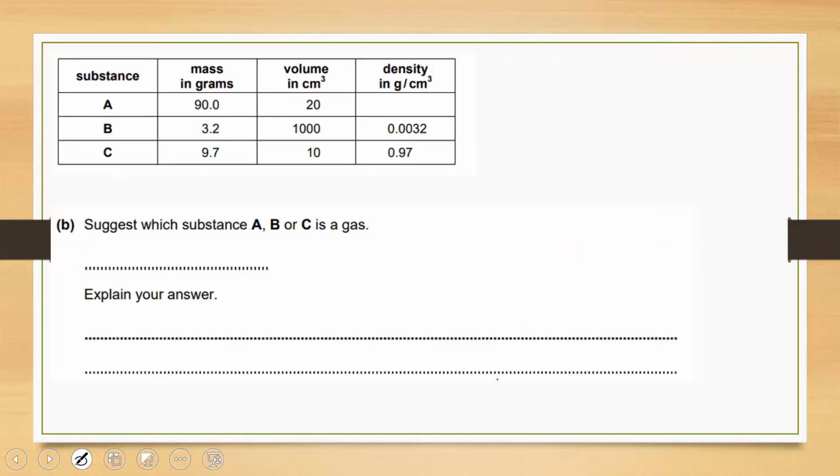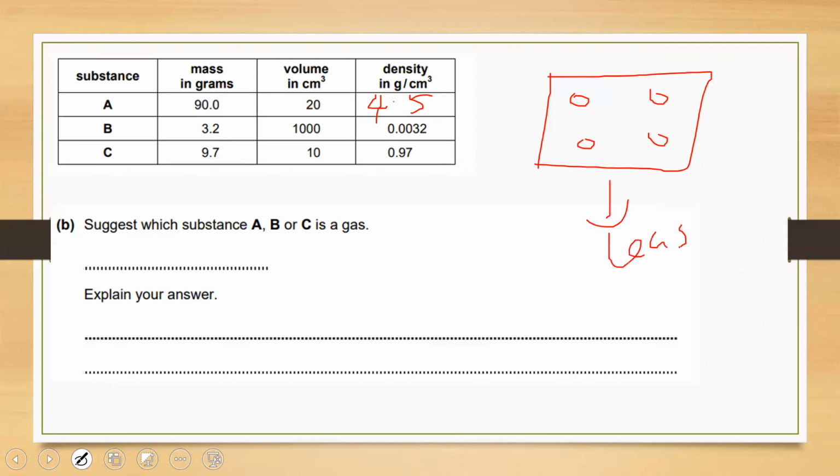The next question is, suggest which substance A, B, or C is a gas. Remember, we solved this to be 4.5. So now we want to know which one is a gas. For us to do this, we need to understand the particle theory. What does it say about a gas? Gas particles are further apart from each other, so we expect that they are the least dense, when it comes to solid, liquid, and gas.